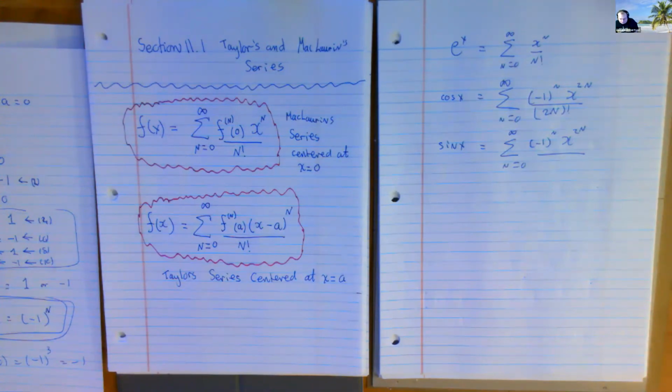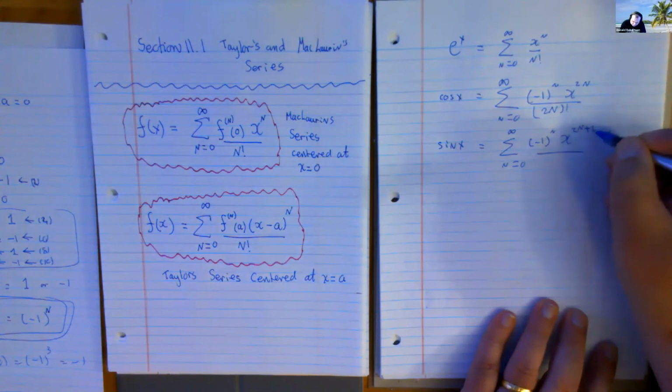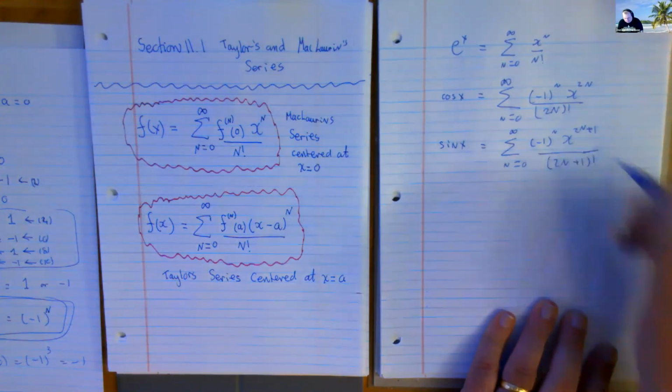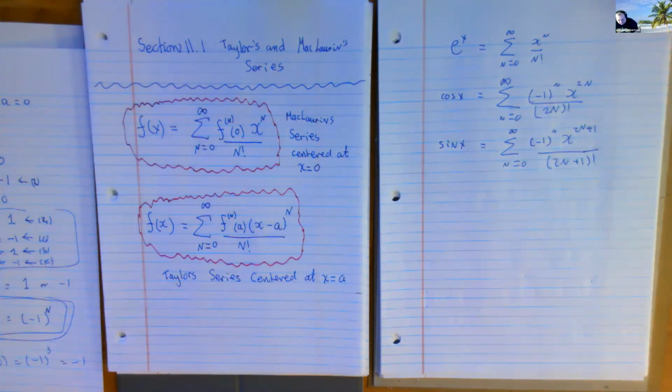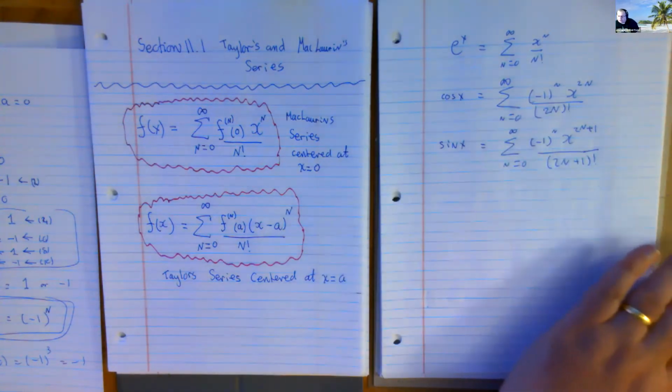But what would be the major difference? You know how the cosine uses even powers of x only because the other ones are zeros? What do you think sine x uses? Odd powers. Right? And to generate the odd powers, it looks like that. If you look at sine x and cosine x, you see that their power series are similar. They're not the same.